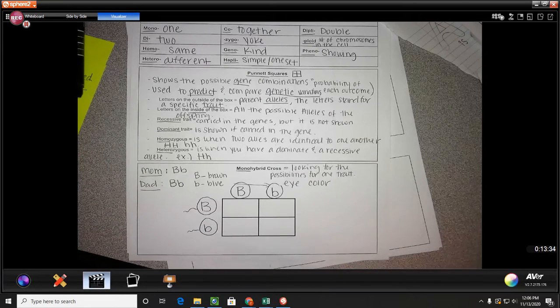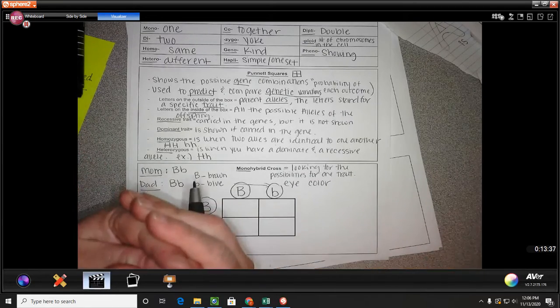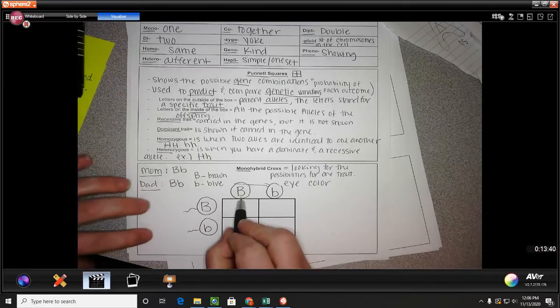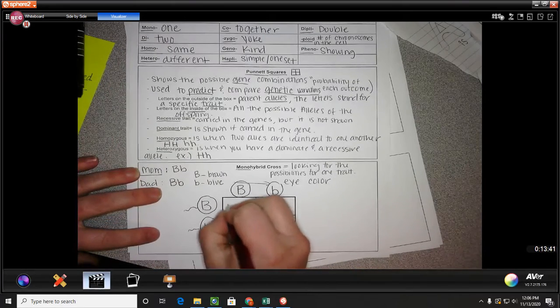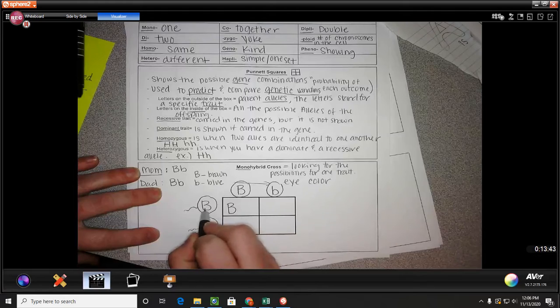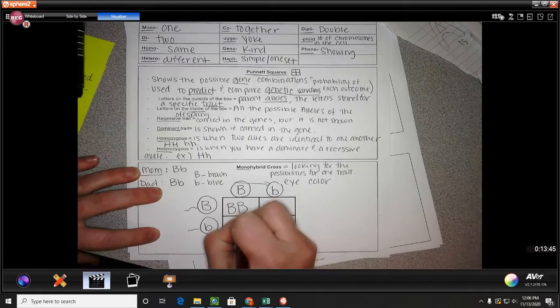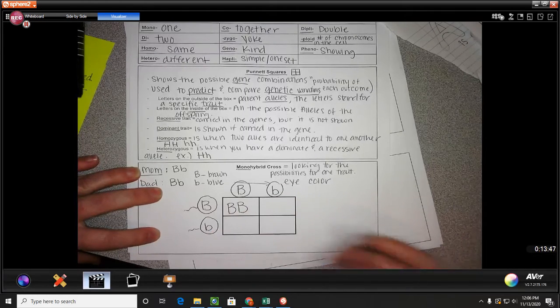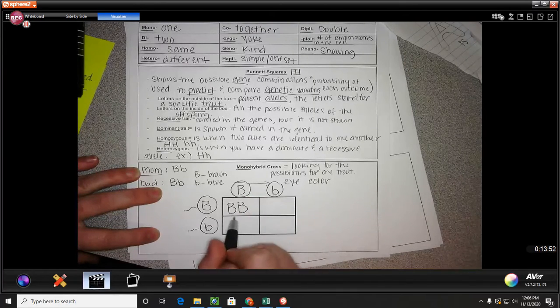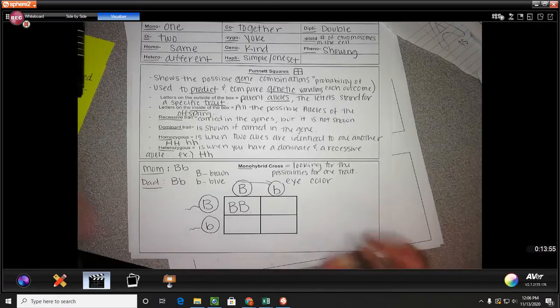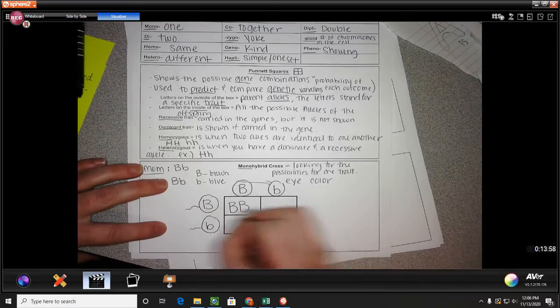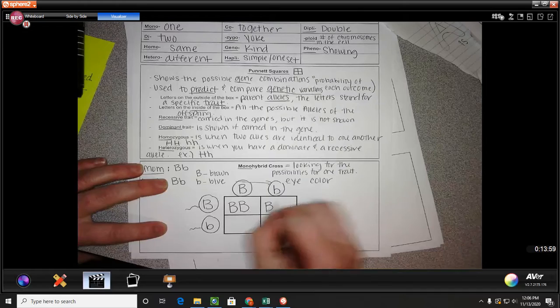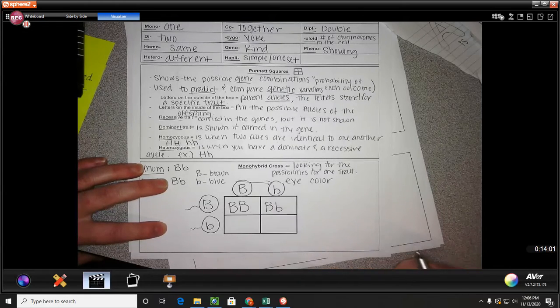So in order to have a baby, the egg and the sperm have to come together. So mom has a big B and dad's going to bring a big B. Okay? So that is one baby's possibility. One baby could be big B, big B. Another possibility is dad can bring a big B and mom can bring a little b.